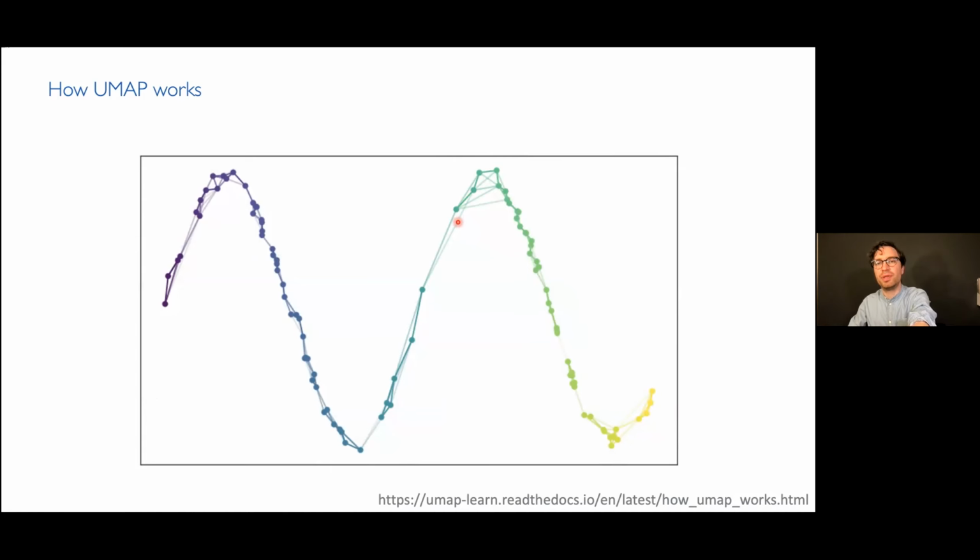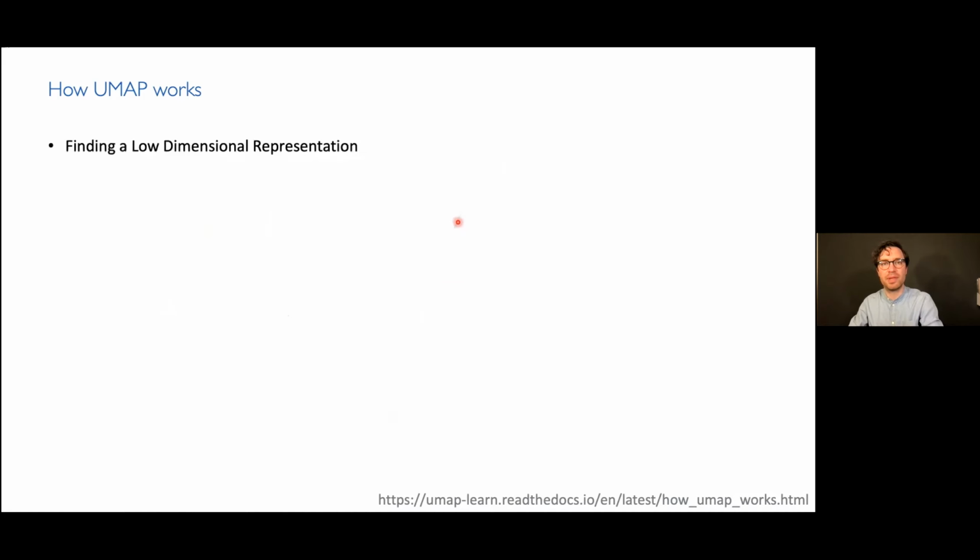How can we use this now to find a low-dimensional representation? Well, the idea is that you have this graph defined, and you start with a low-dimensional representation. You just place your points randomly, basically, and then you construct a similar graph representation of your low-dimensional representation, and then you shuffle your points around until the topologies, the graph representations, kind of match.